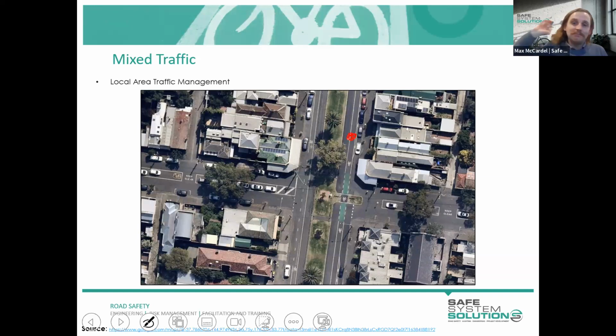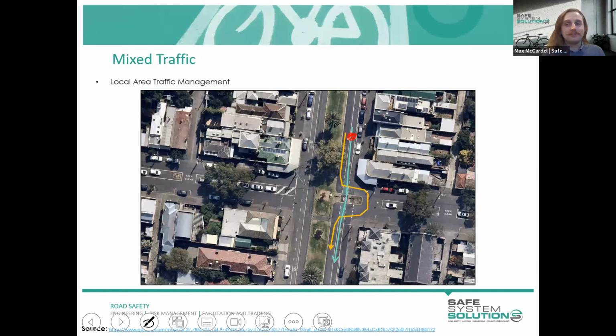And basically what happens is if you're a vehicle, your path would look something like this if you wanted to travel through, which is, as you can imagine, incredibly inconvenient. However, if you're a cyclist, there was that gap in the curb and channel, so you can head straight through that.